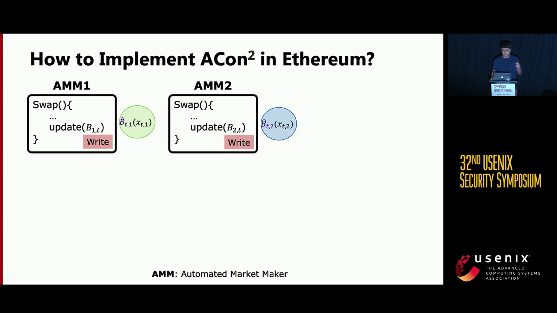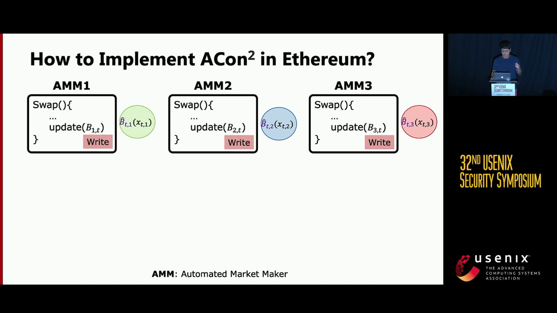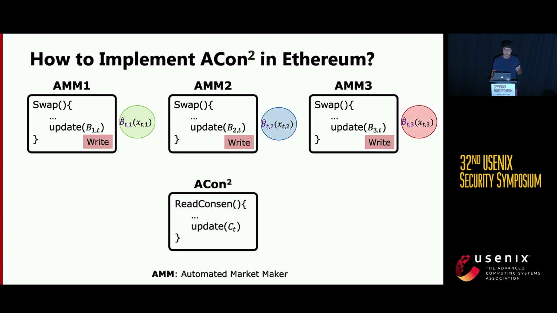And we have the same operation for all AMMs. If you want to compute the consensus set, then another smart contract, ACon square, reads this written prediction set in the block and computes the consensus set in this way. And this is provided to some other downstream application.